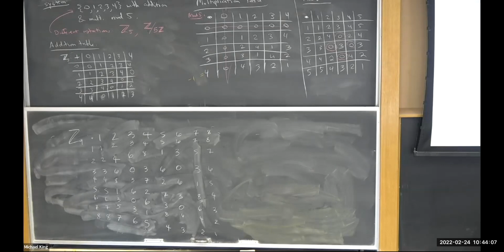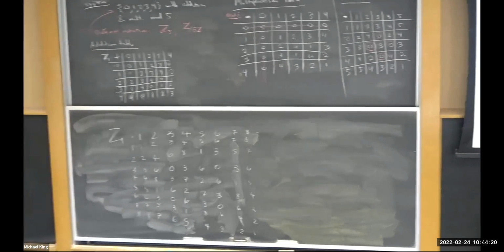Like in the one you were doing, Mod 11. So 11 is prime, and you notice that every number was appearing.